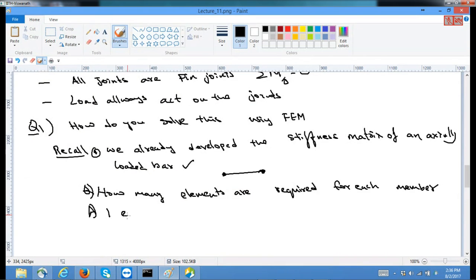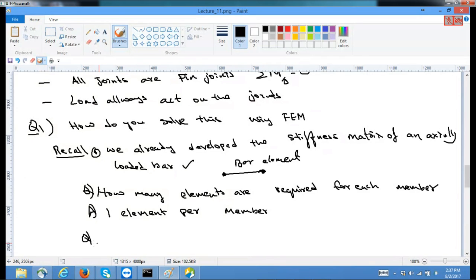The answer is, one element per member is sufficient. Why? Because the bar element has both ends as nodes, and inside is an axially loaded member, so that is sufficient. So one element per member is sufficient. But is this sufficient? No. Why?